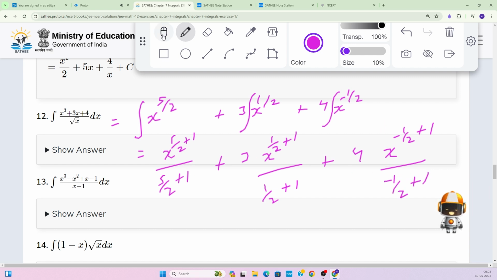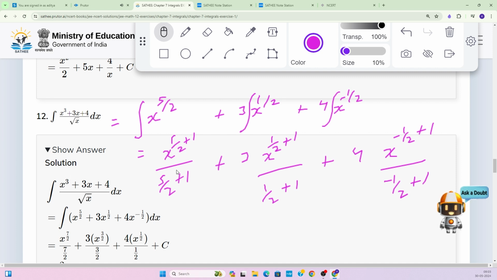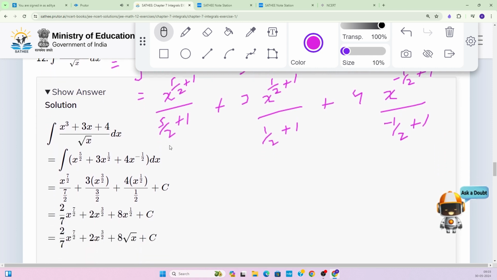So now after simplifying, what you will get as your answer? As you can see, 7 by 2 means 2 by 7. Okay. Here it will be 3 by 2, as you can see, 3 by 2. 3 to 3 cancel and 2 will be here.